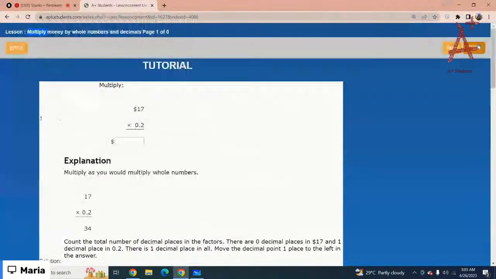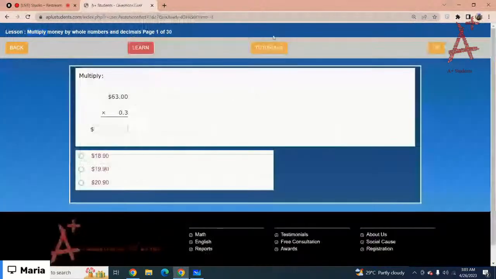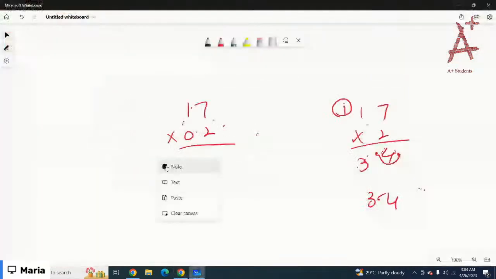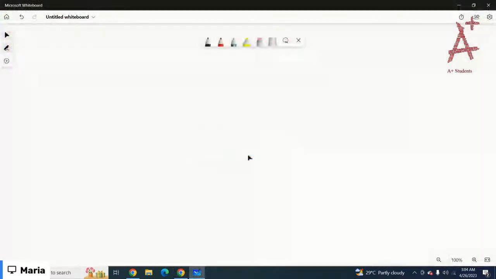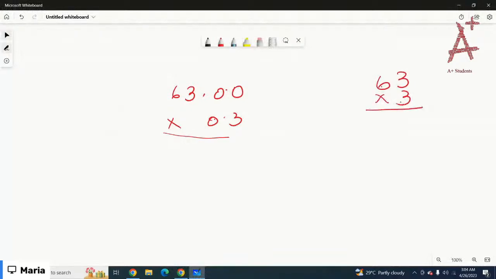Okay, let's just start with the practice questions. 63.00 times 0.3. Let's just multiply both the numbers without the decimal point. So it would be then 63 times 3. So 3 times 3 is 9 and 3 times 6 is 18. So you have to move decimal point one place left.